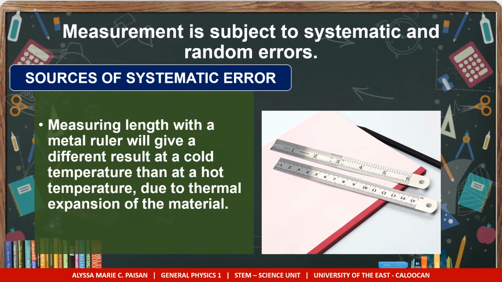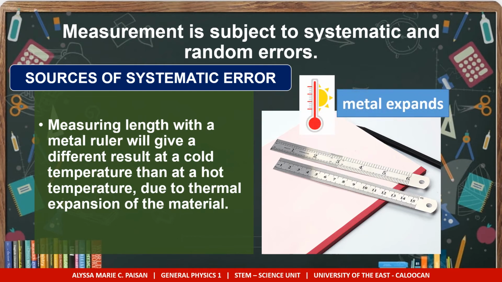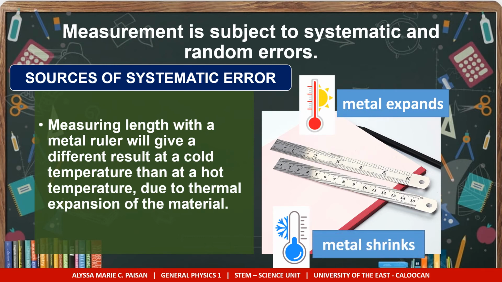So you should consider the factor of temperature in calibrating your measuring devices. Usually the rule is this: metals expand when the temperature is hot, and when the temperature is cold, metals shrink.